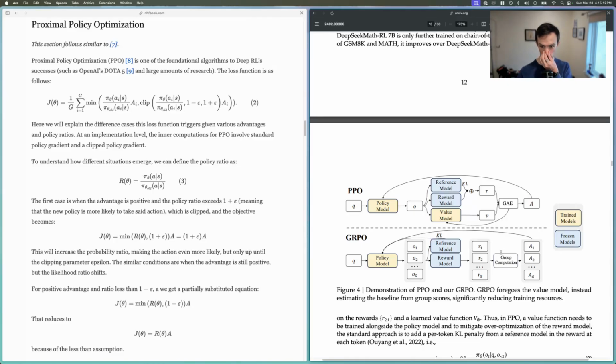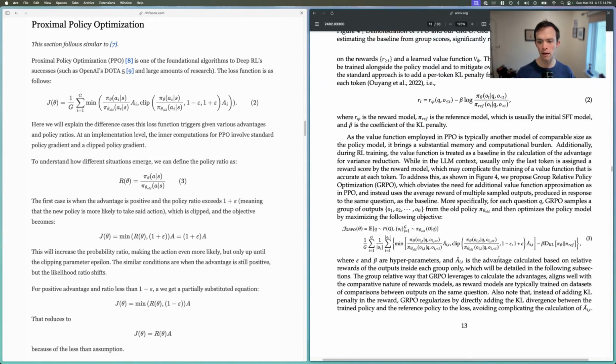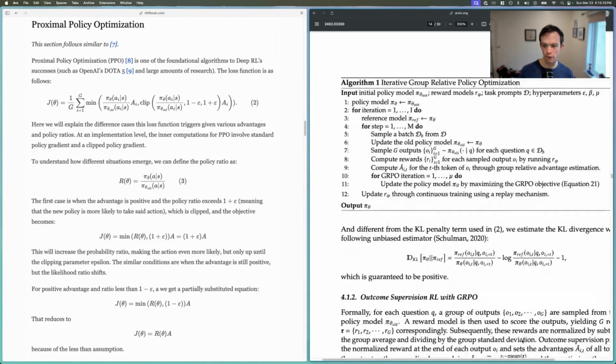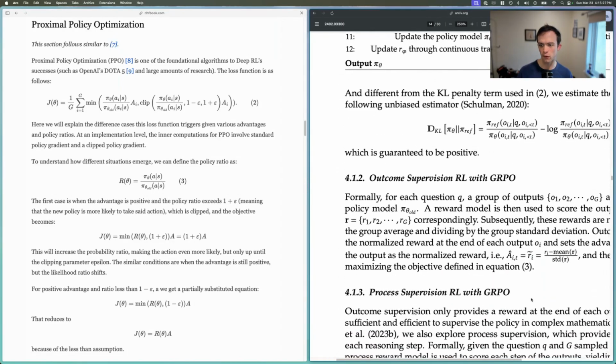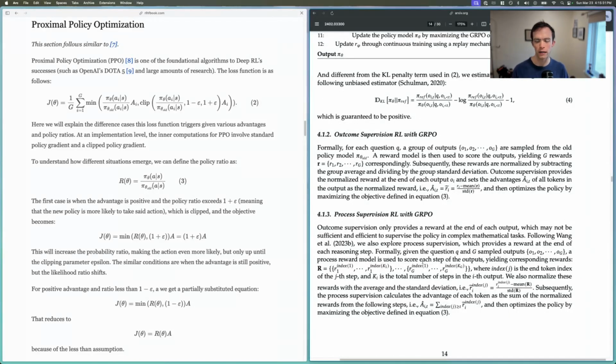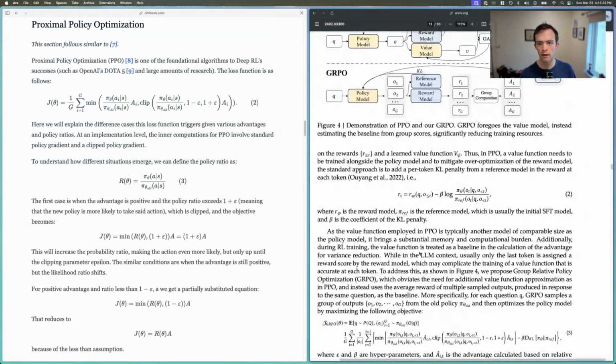These multiple answers are used to get an advantage estimate. We can see this advantage estimate down here in the section on outcome supervision with RL, where the advantage estimate is just the difference between an answer and the mean of this group. You can see it here, where in PPO, you're learning a whole value function to actually do this.